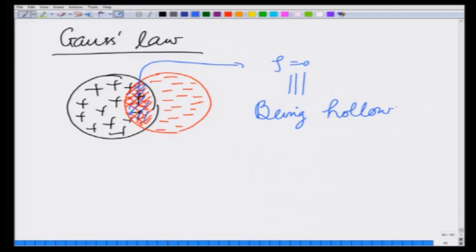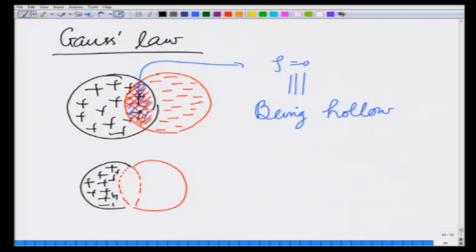So, in a way we are also calculating the electric field in a hollow region. This is a hollow region when charge outside on one side is positive and charge on the other side is negative. These two centers are displaced by some distance a.